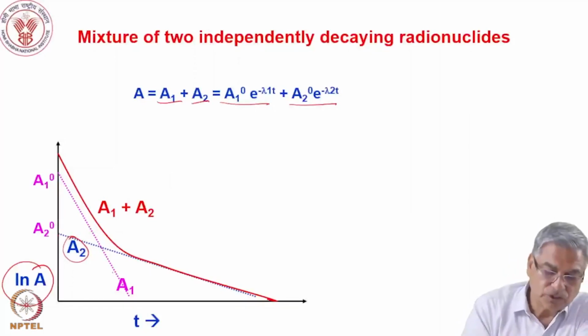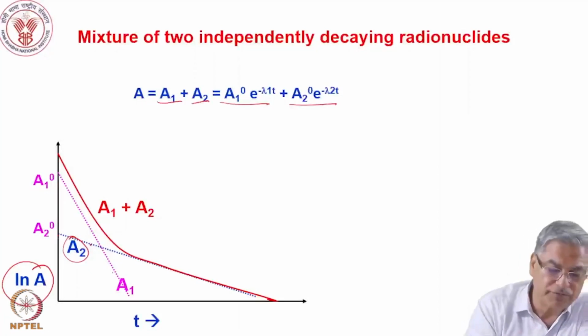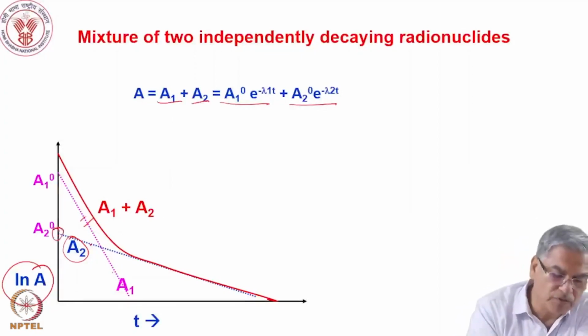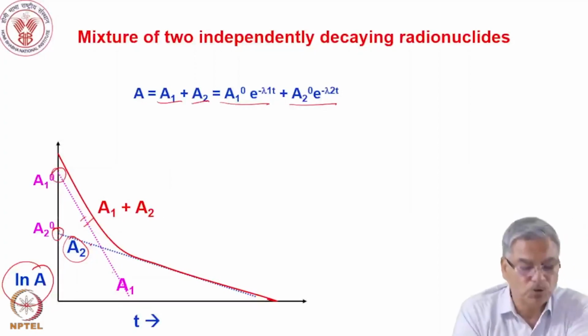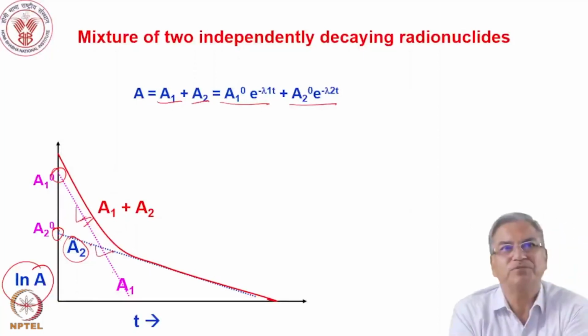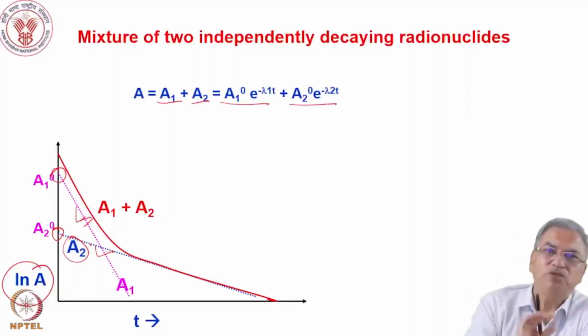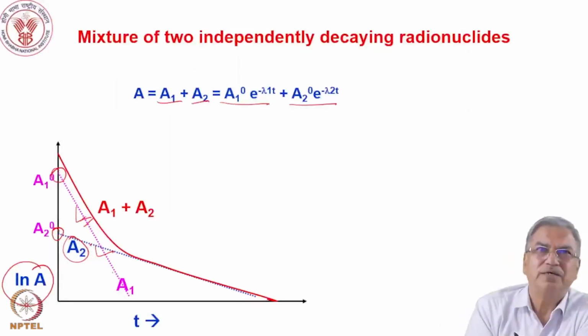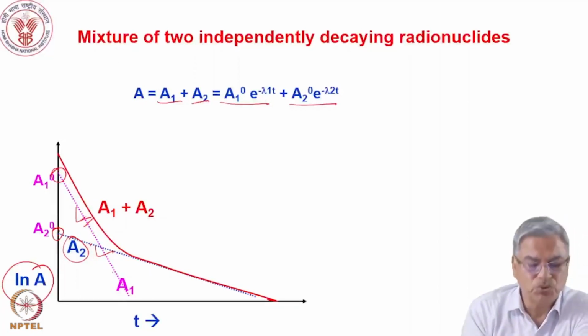When you subtract this activity of the long-lived isotope from the total activity, you get this data, which is the pure activity of the short-lived isotope. Extrapolation to zero time gives you the initial activities of the two isotopes, and from the slopes you can find out their half-lives. So using semilog paper, you can resolve the mixture of two activities into the individual isotopes' half-lives and their initial activities.